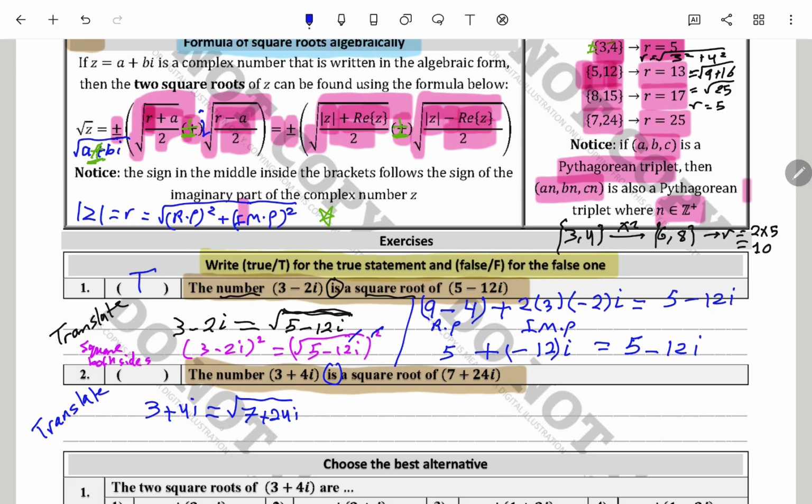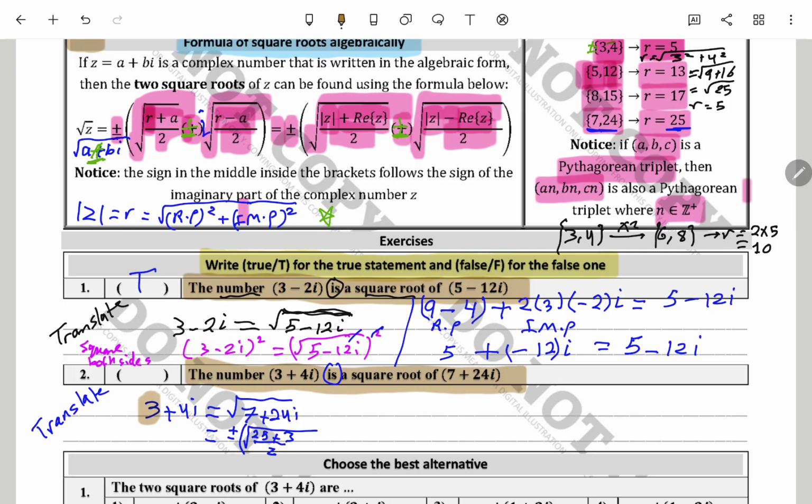So I will work on the right side by finding the square root using the formula. I have a plus and minus in the formula, and I need a square root in a bracket including r. We go to 7 and 24, which will give you r equal to 25, easily from the triplets. 25 plus the a, and the a here is 3, all divided by 2.